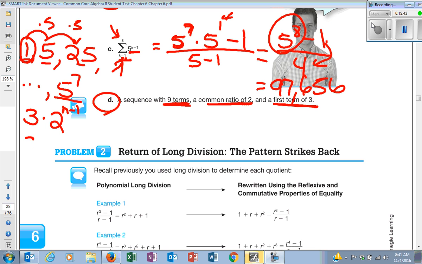So then I get 3 times 2 to the 8th power. I put a 9 in for my n, and 9 minus 1 is 8. So what would I do in my calculator first? 2 to the 8, and then times it by 3. That's going to be my last term that I'm going to use for my formula.